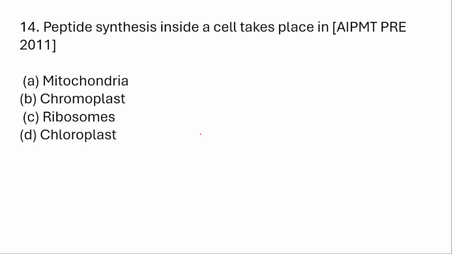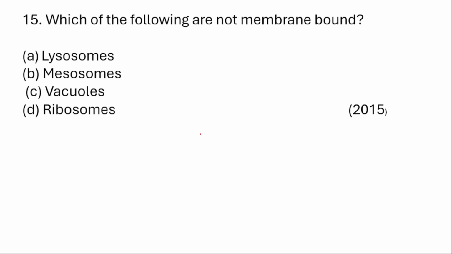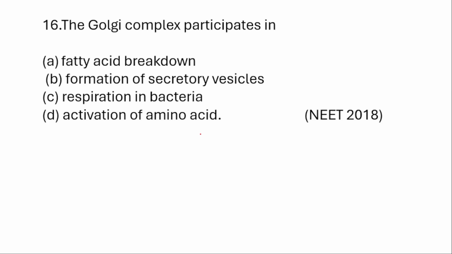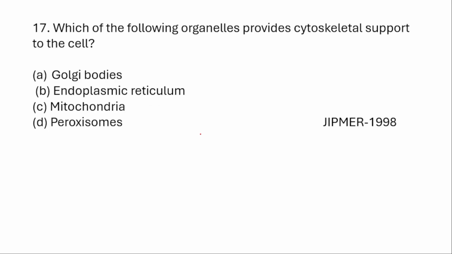So protein synthesis takes place by whom among them? You should know that. Which of the following are not membrane bound? The Golgi complex participates in. Which of the following organelles provides cytoskeletal support to a cell? This was already asked in JIPMER 1998.